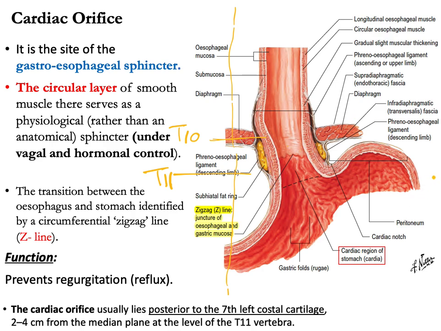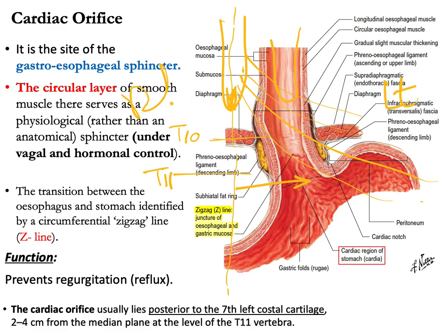For example, sorry, this is the sternum, and this is the xiphoid process. So let us say the sixth and the seventh costal cartilage. Just 2 to 4 centimeters to the left, of course, this is the left and this is the right.